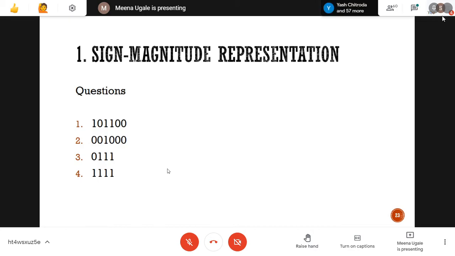So just observe this and tell me what the decimal equivalents are. 1, 2, 3, 4. Zero is positive, 1 is negative. And the first one is plus 34. Just note down, I will show the answer. You can type in the chat box.